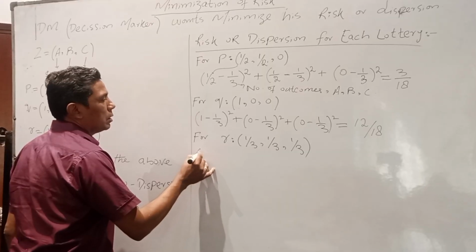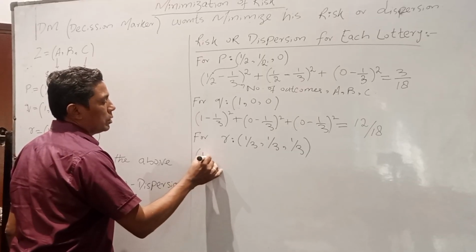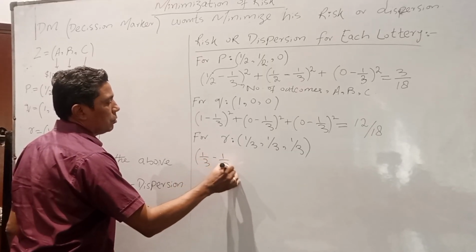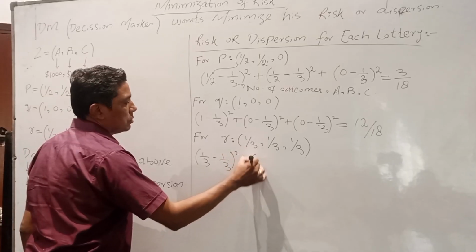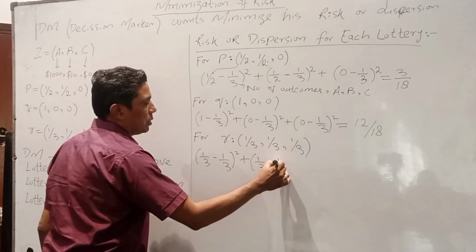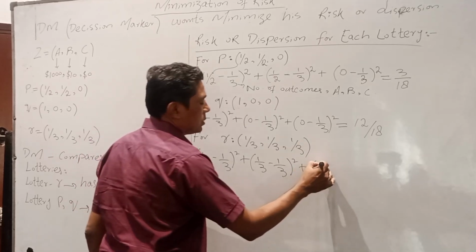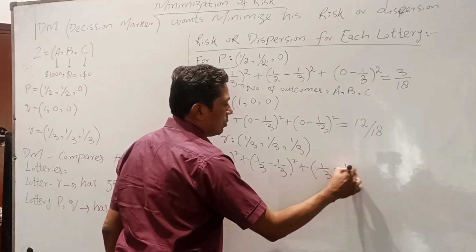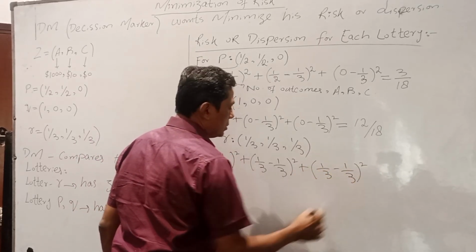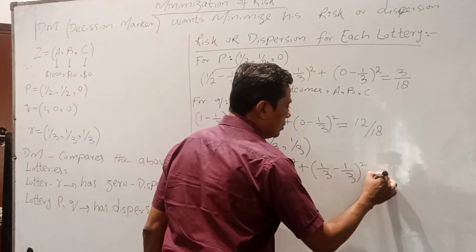So 1 over 3 minus 1 over 3 is 0, 1 over 3 minus 1 over 3 is 0, and again 0. So now your answer is 0.